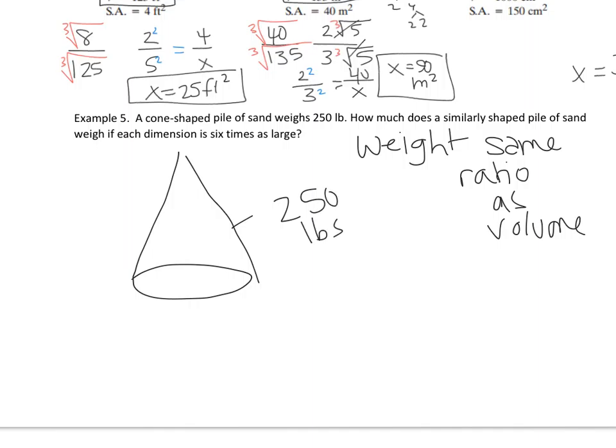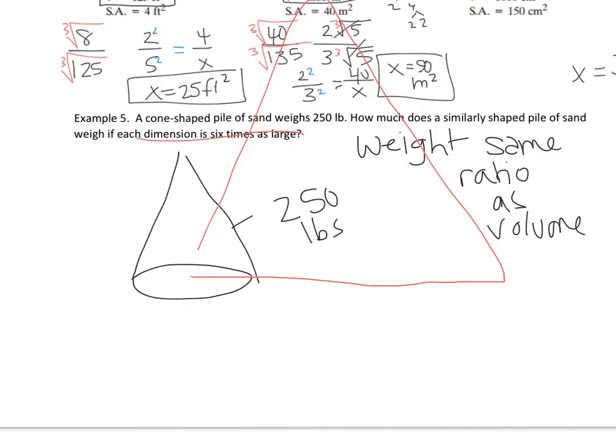How much does a similarly shaped pile of sand weigh? So think about volume. What's the volume going to do if you increase each dimension by 6 times as large? So pretend that we extend this out 6 more times and this cone goes 6 times as big. You can see that it's going to be huge, so much bigger.